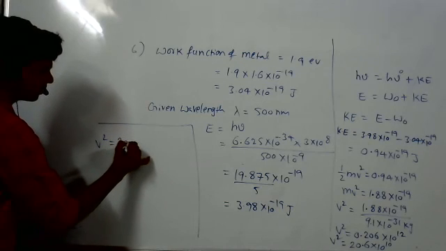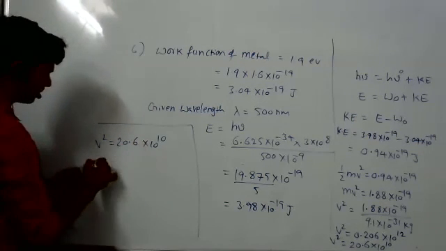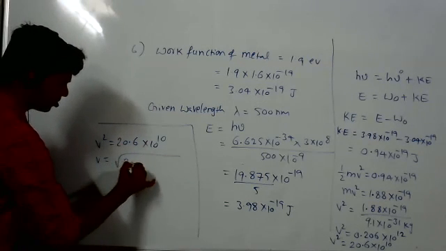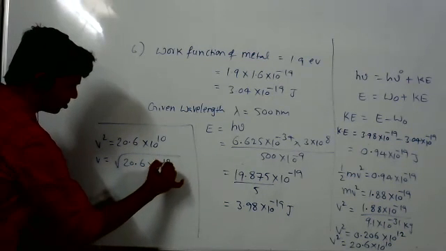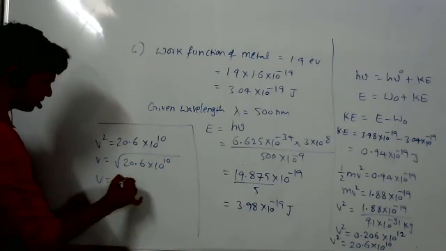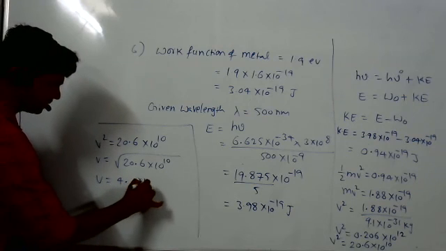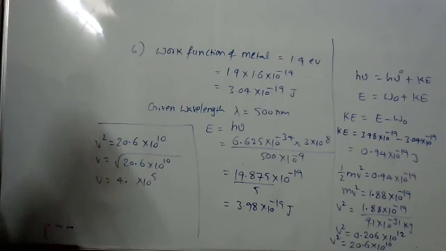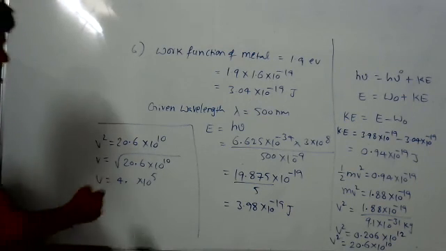V square is 20.6 into 10 power 10, so V is the root of that. 10 power 10 becomes 10 power 5, and the root of 20.6 is more than 4 and below 5, so 4 point something into 10 power 5, about 4.5 into 10 power 5. Option A only.